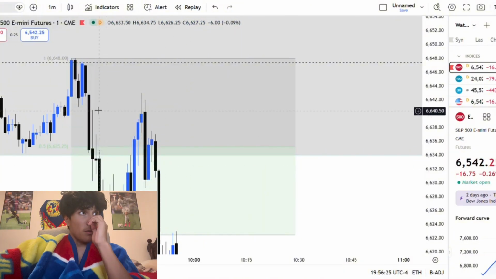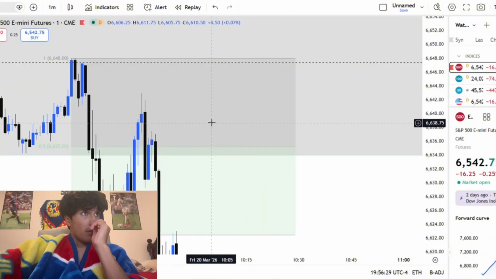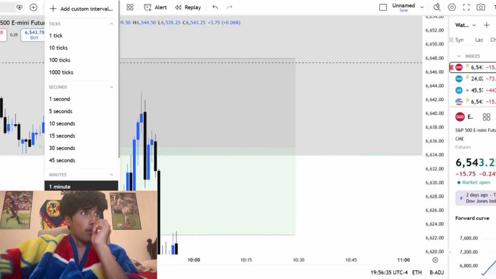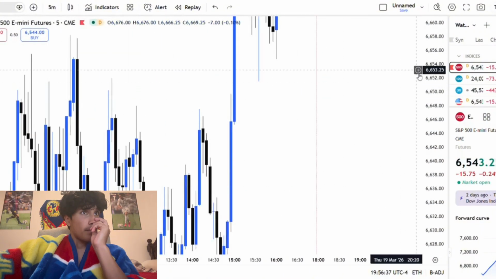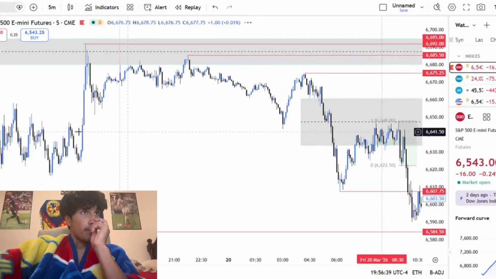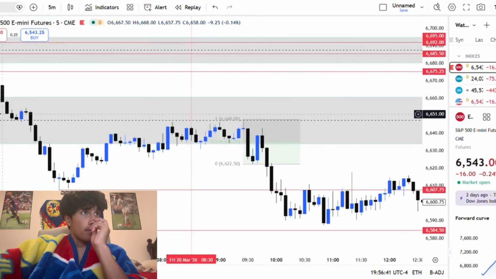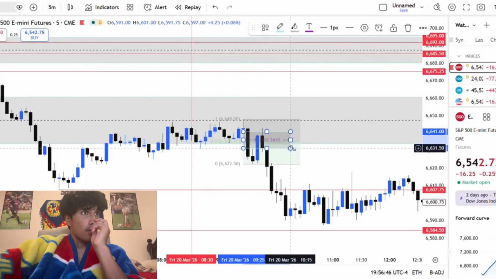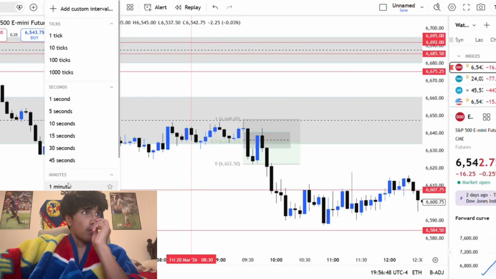Then we tap into this 5 minute gap that I was talking about. I react off of it. And once I see this, wait, let me mark out the 5 minute gap actually. Stop. Where am I at? Let's go to the 1 minute.